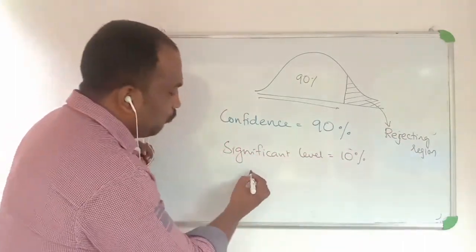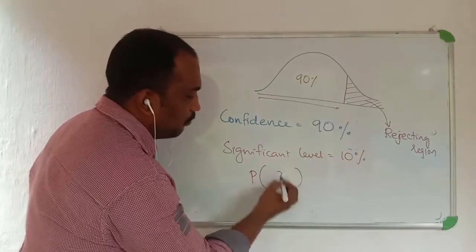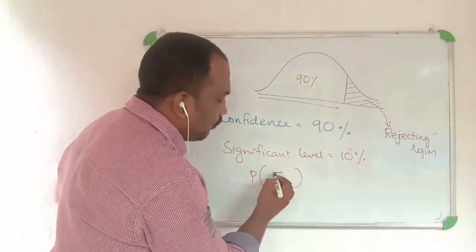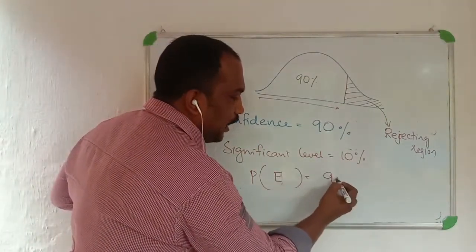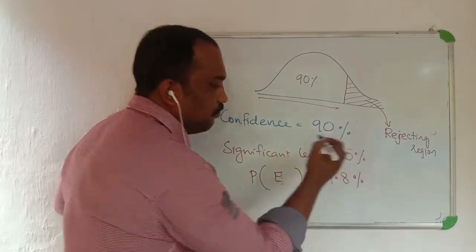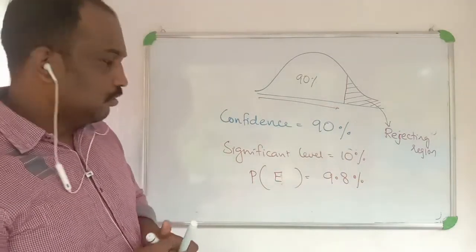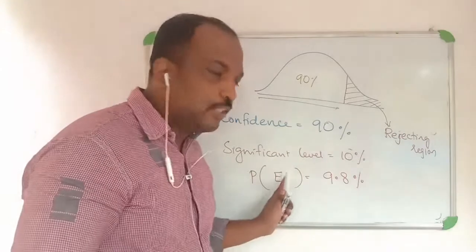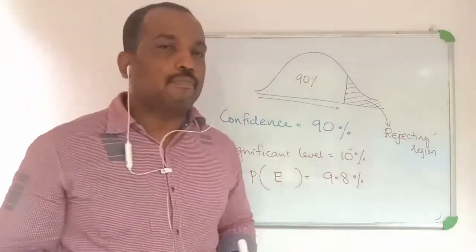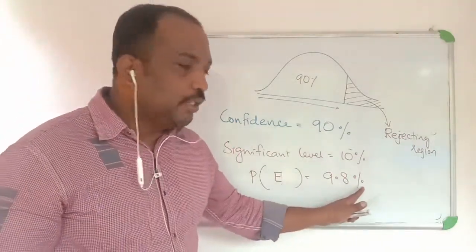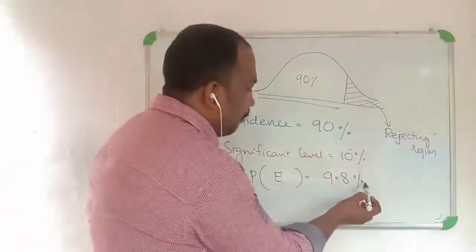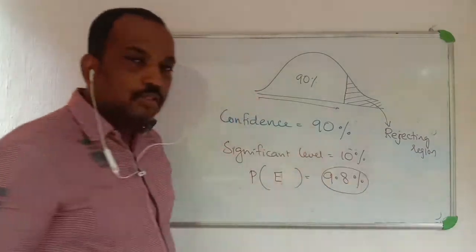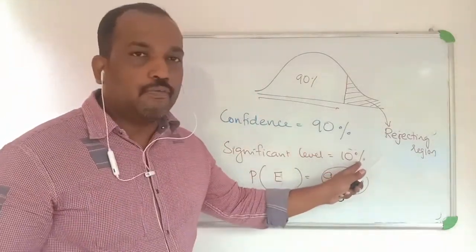For example, you found the probability of an event as 9.8%. Now you compare this probability with the significant level.